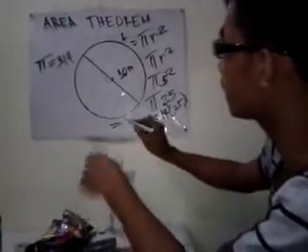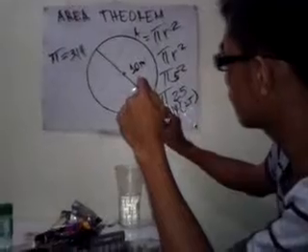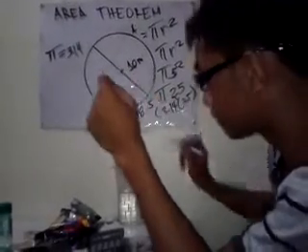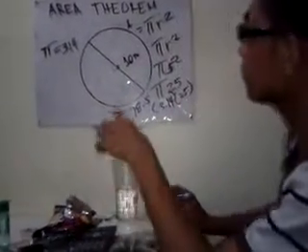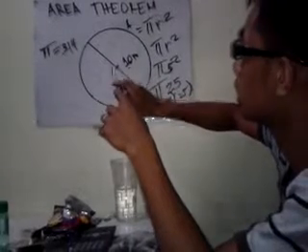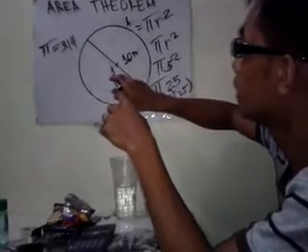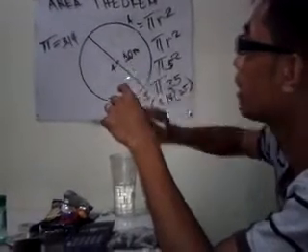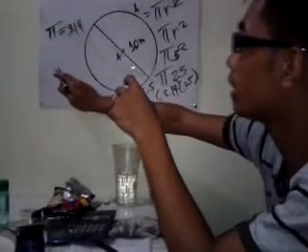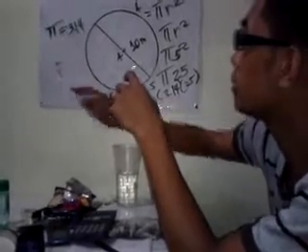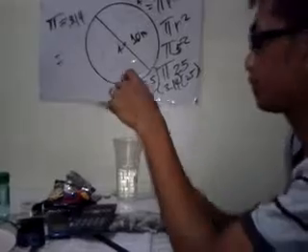So that would be the area of our circle, 78.5. Okay, and let's assume that this is circle A. So the circle A area is equal to 78.5. As easy as that.